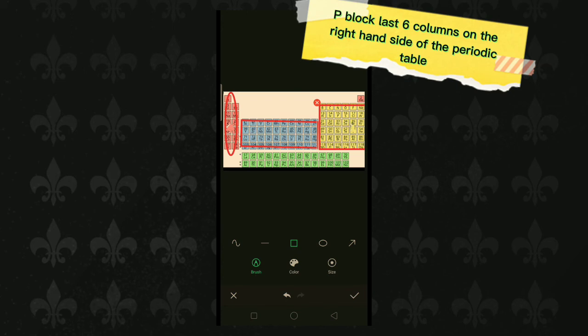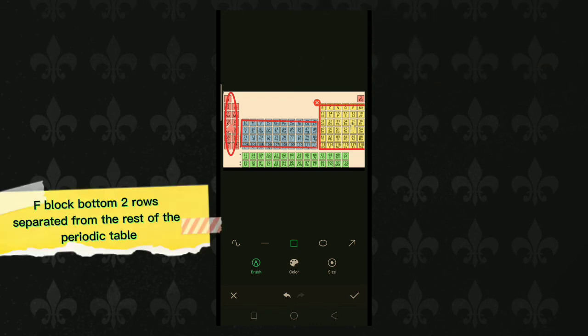And last, the two rows separated from the rest of the periodic table is the F block. This is the F block.